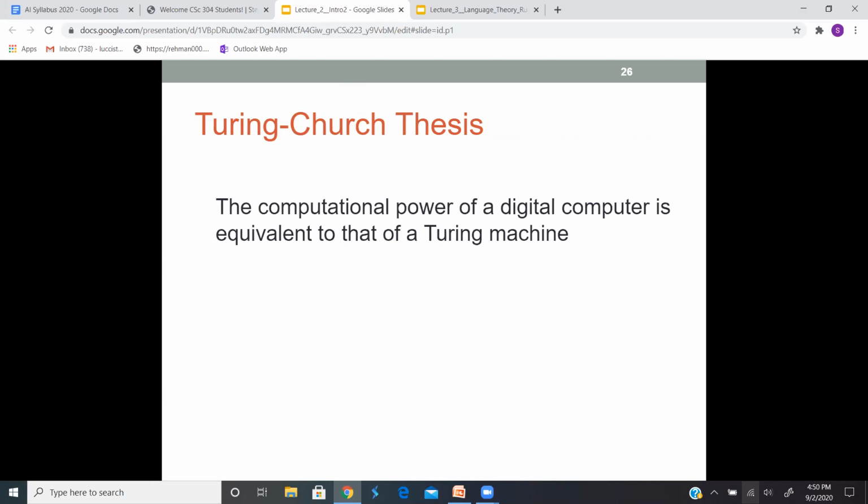So the computational power of a digital computer, with power supplies and flip-flops and transistors, is equivalent to that of a Turing machine. So anything you can do with your digital machine in your house, I could do on a Turing machine. We'll see how Turing machines work, hopefully next time, if not the time after.